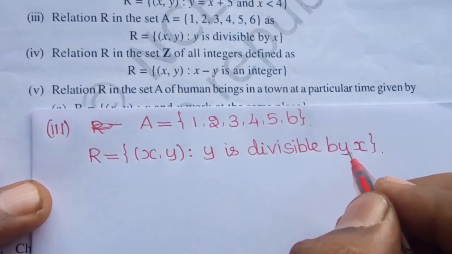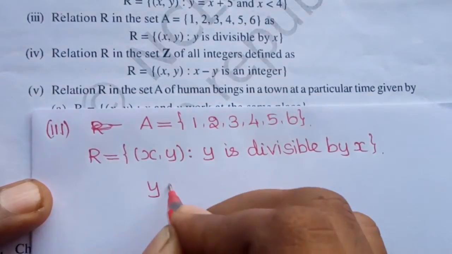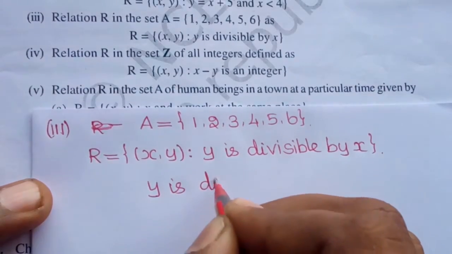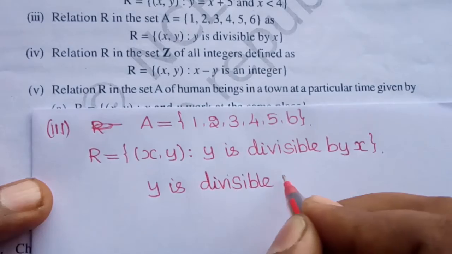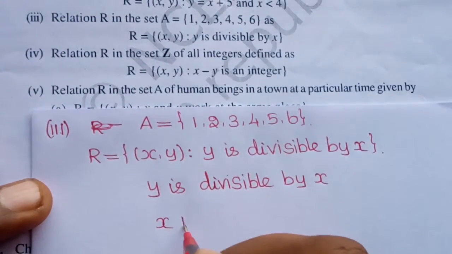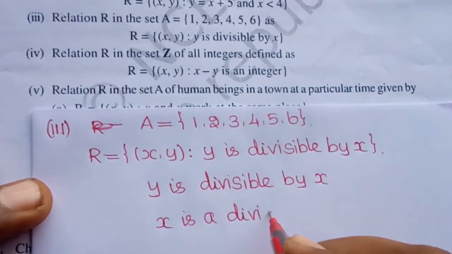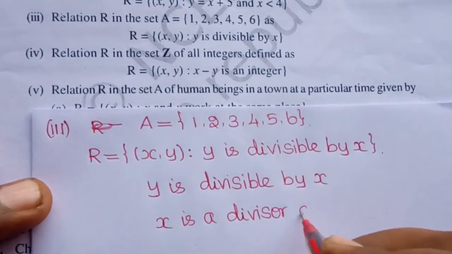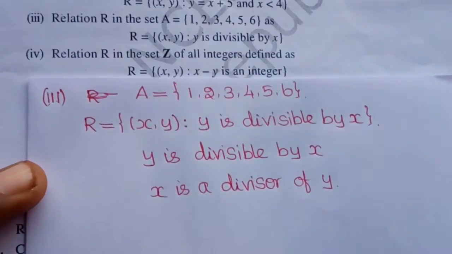The condition is that the y value is divisible by x. That means x is a divisor of y. So x is a divisor of y.